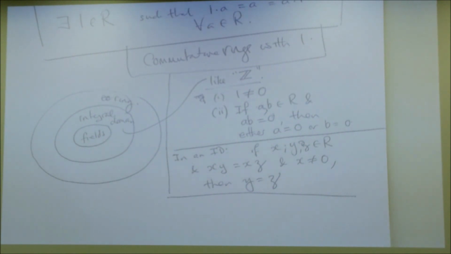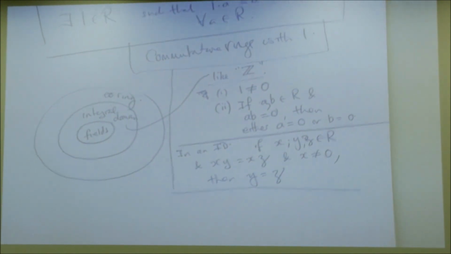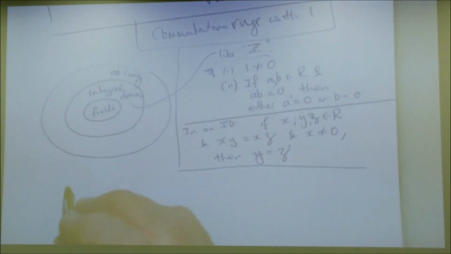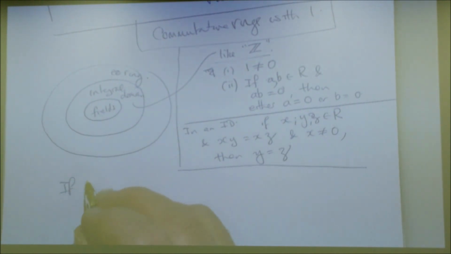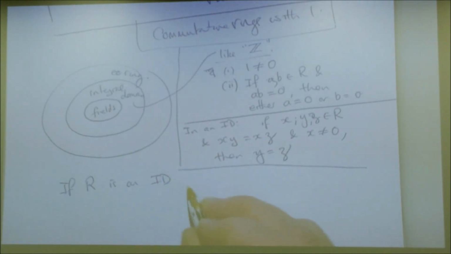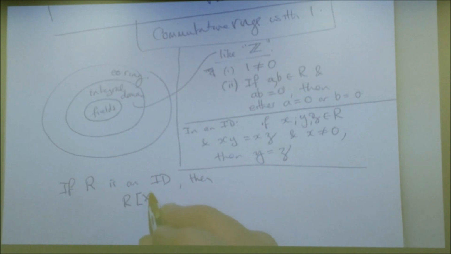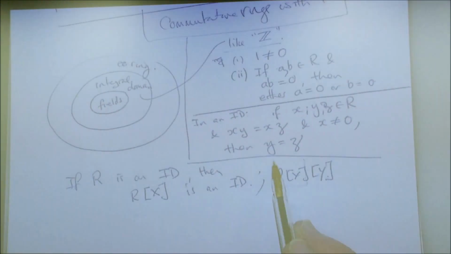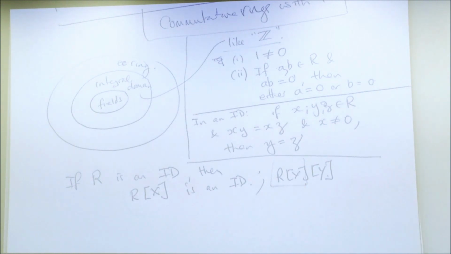This is a nice property from the point of view of constructions, because there's a theorem that says if R is an integral domain, then polynomials with coefficients in R, that's going to be an integral domain.